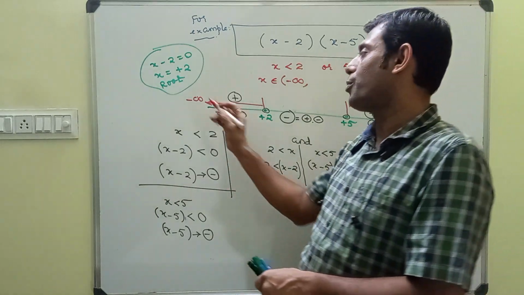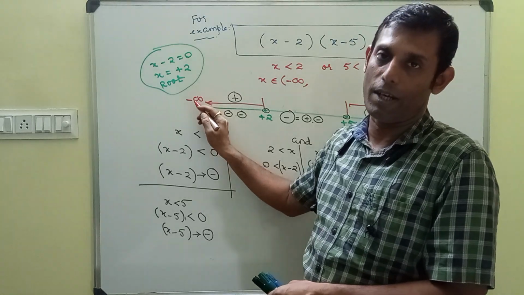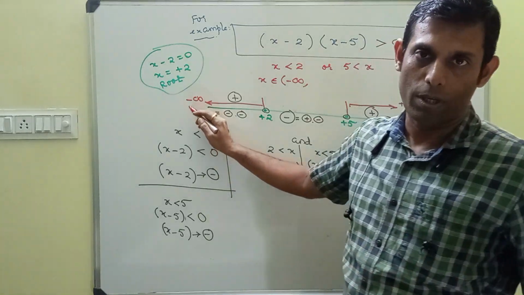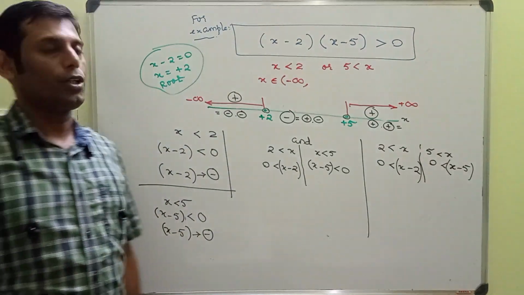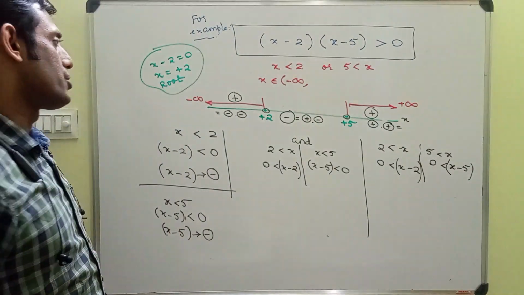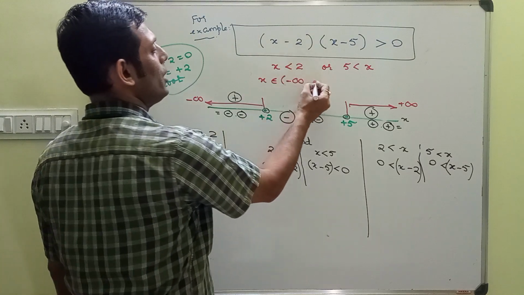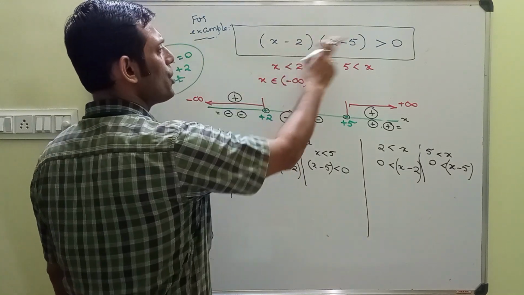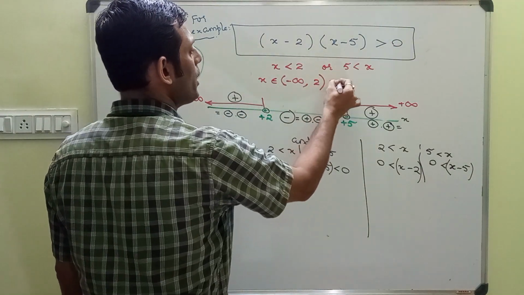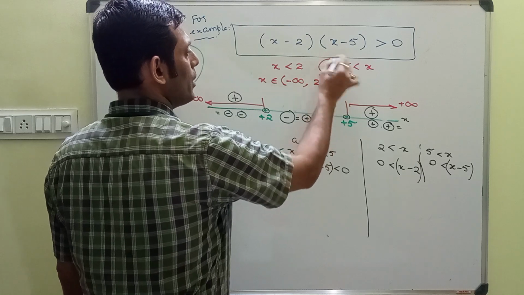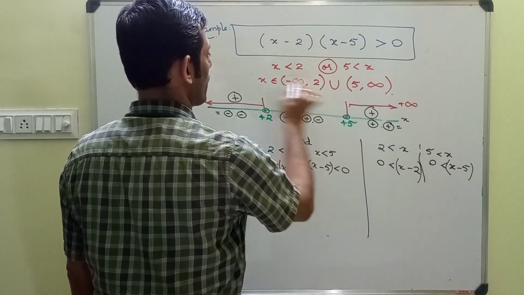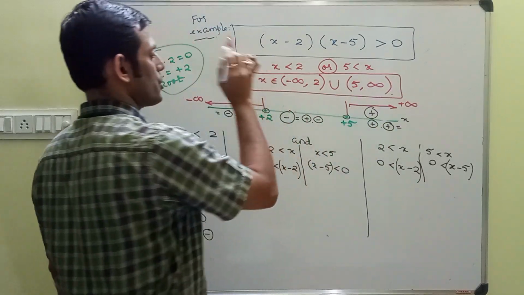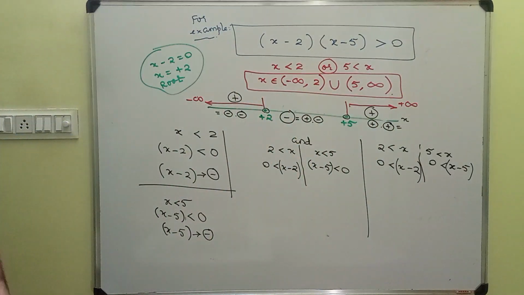They are never reachable and hence never equatable, and hence always open, never closed. Infinity can never be closed. They will always remain open intervals. So minus infinity till 2, and 2 is open. Union, or means union, of 5 till infinity, open, like this. This is just an example.